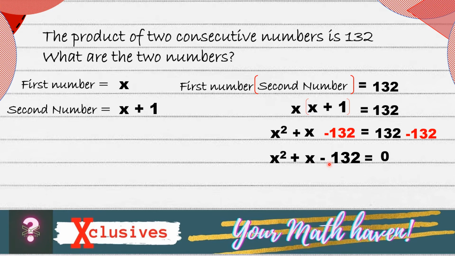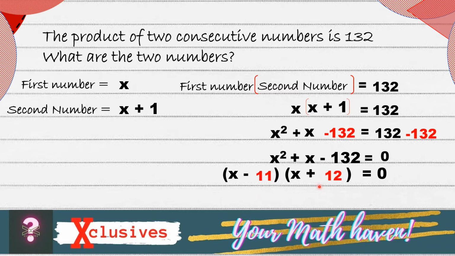Now we can solve the roots of this equation using factoring, and our pattern is x minus and x plus. Let us think of two numbers that when multiplied give negative 132, and when added give positive 1. The two numbers are negative 11 and positive 12.